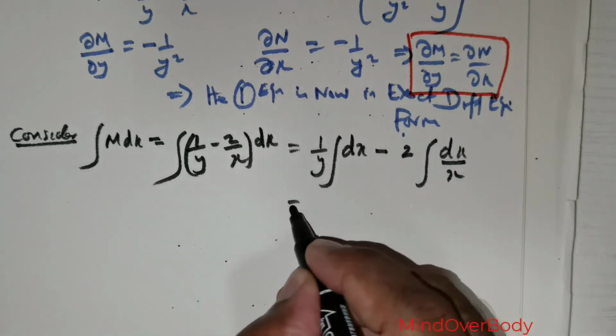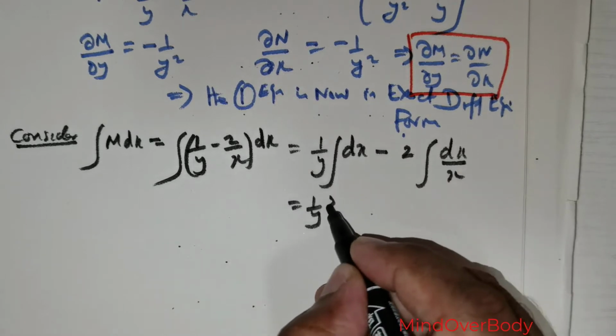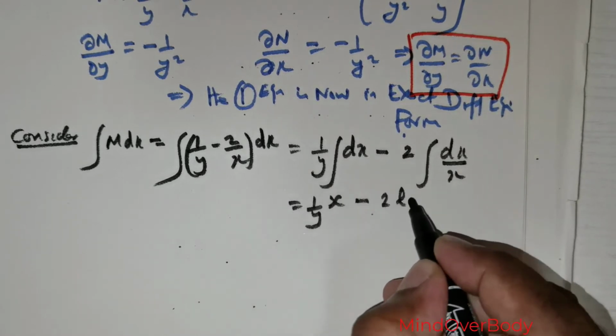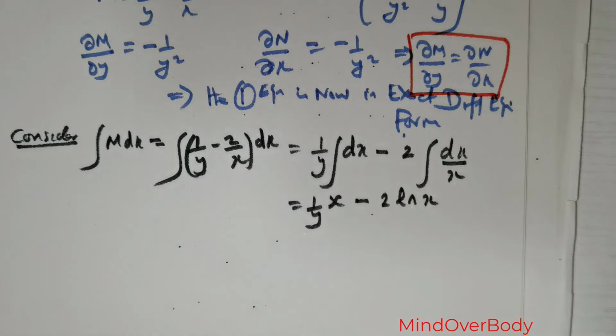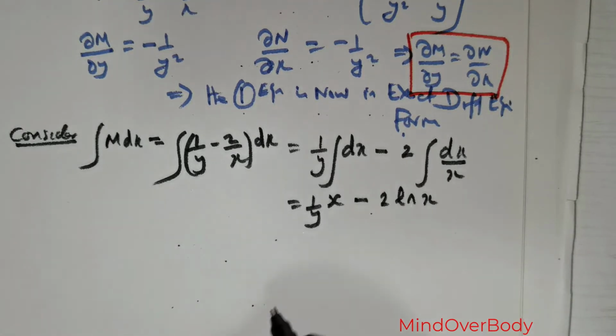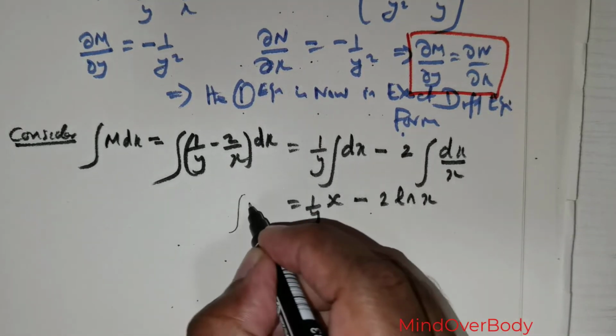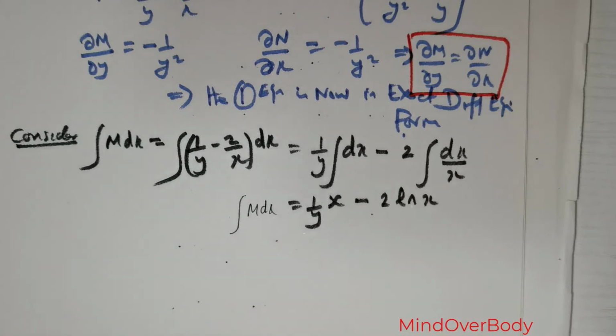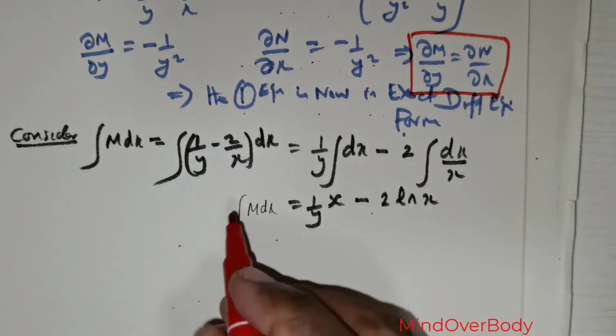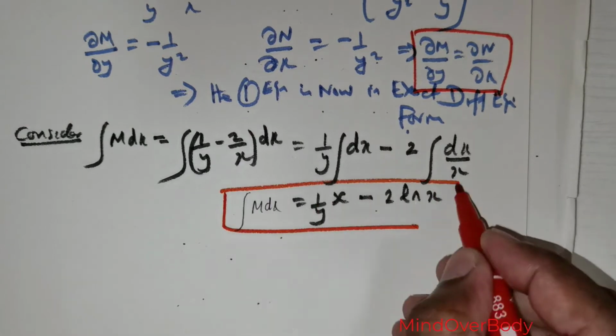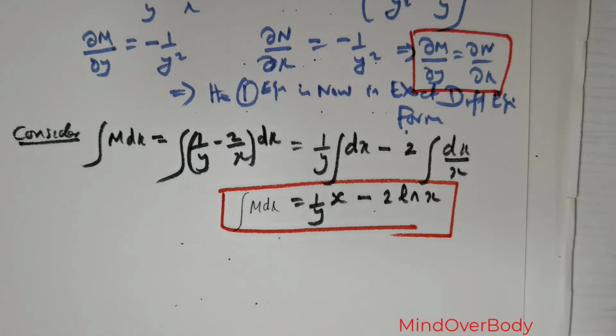Now this can be rewritten as 1 over y times x, minus 2 times ln x. So this is what I've got. I will box this up.